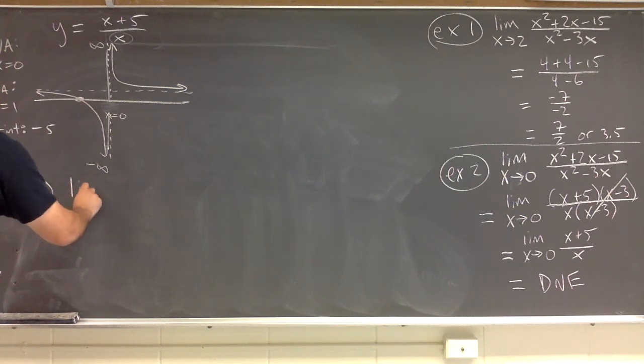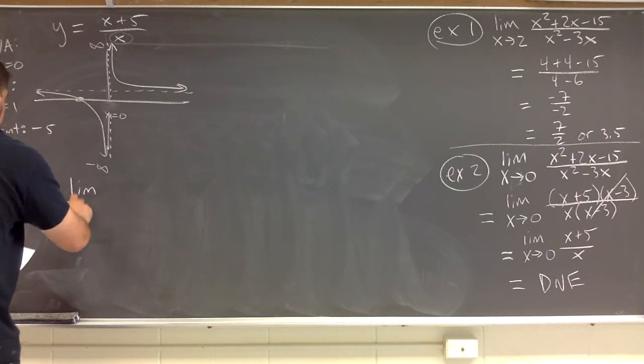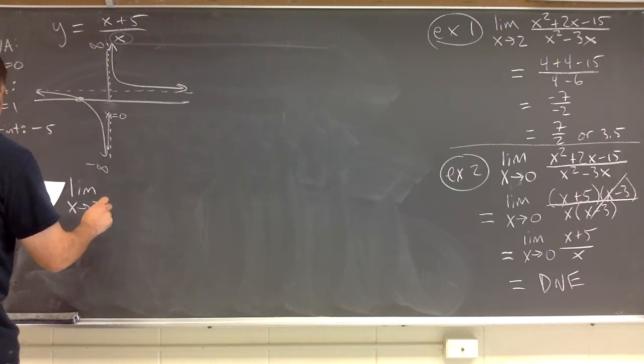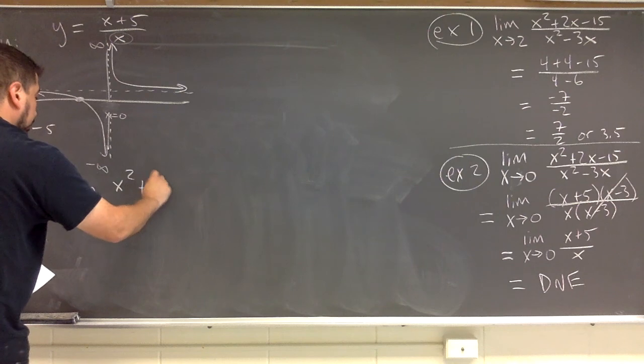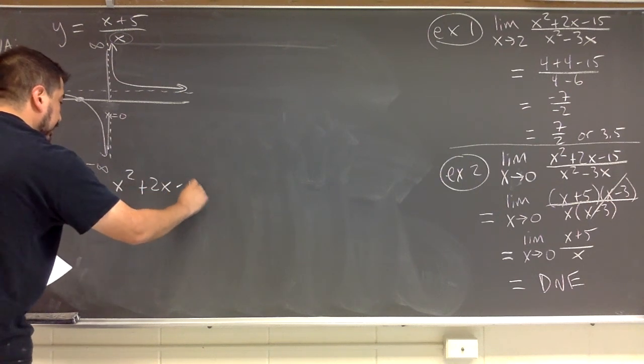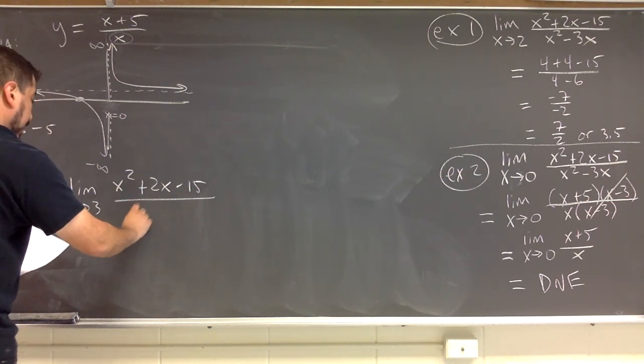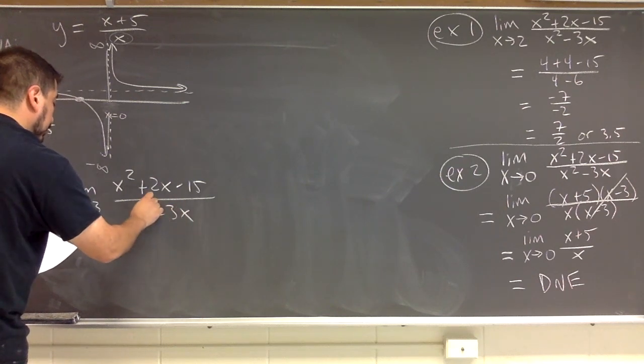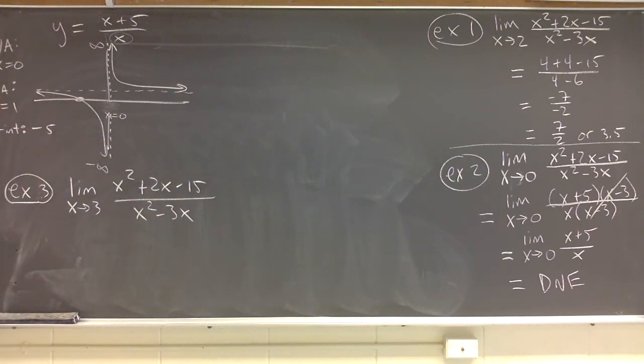So let's say we want to find the limit as x approaches 3 for the same problem, x squared plus 2x minus 15 all over x squared minus 3x. We cannot plug in 3 because you get 9 minus 9, which is 0, can't divide by 0.